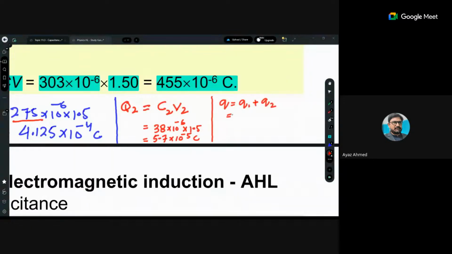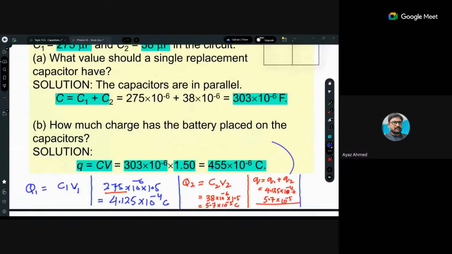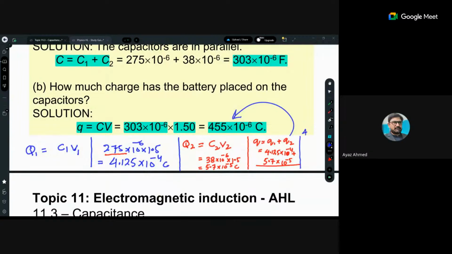So if I add them all, 4.125 into 10 raised to the power minus 4 plus 5.7 exponent minus 5. So what would be your answer?